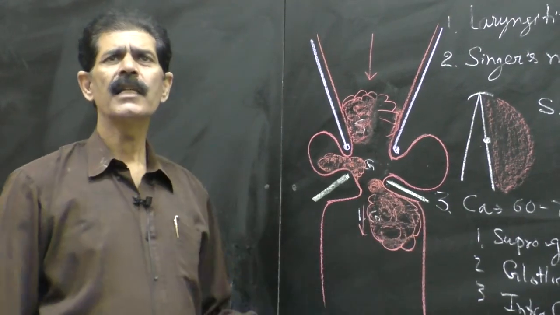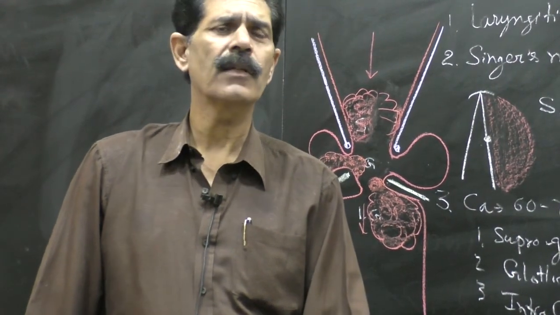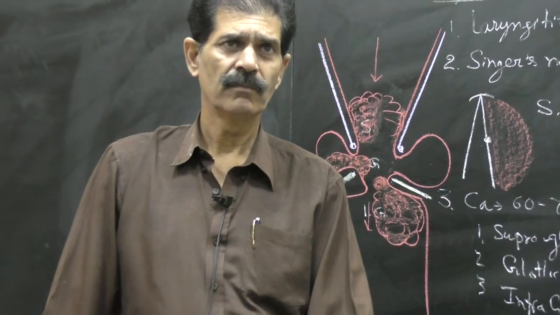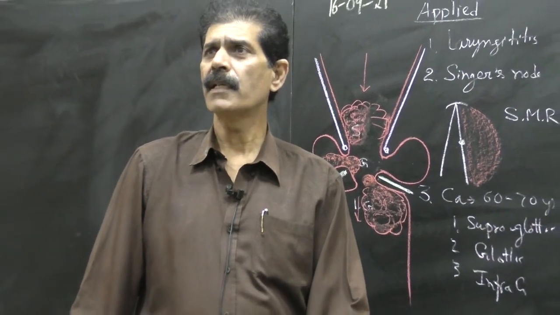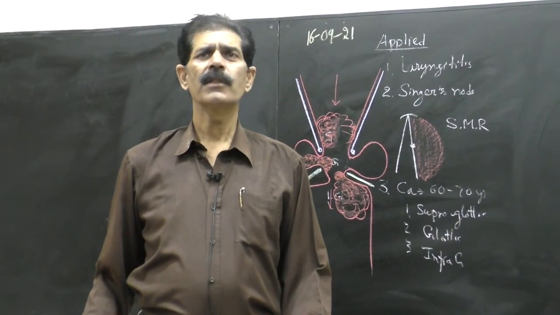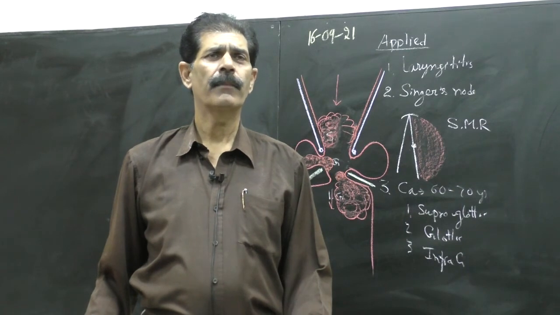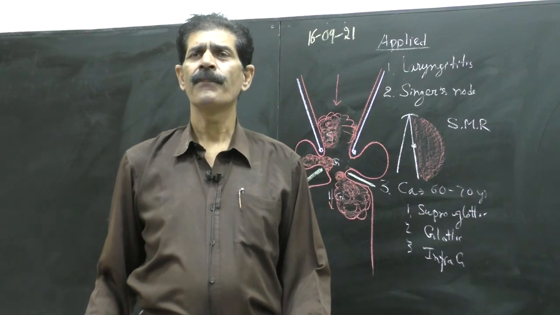So even in the early stages, because of the ample space of the trachea, these cancer growths grow very rapidly. No doubt they are detected earlier, but by the time the patient reaches, the growth is too much. So this is how we divide the parts into glottic, supraglottic and infraglottic.